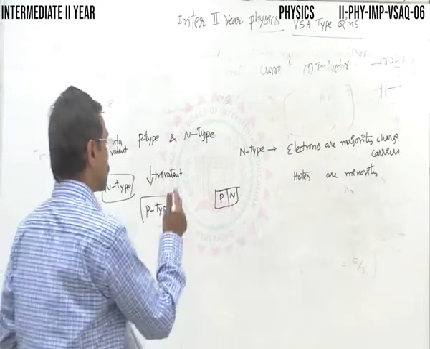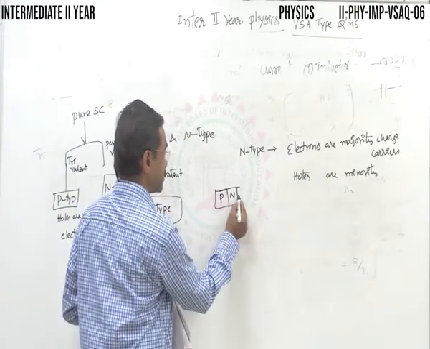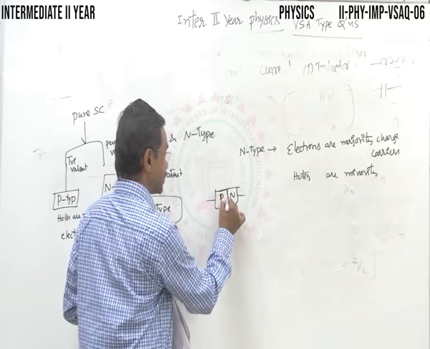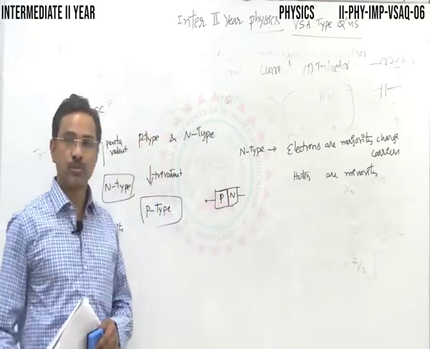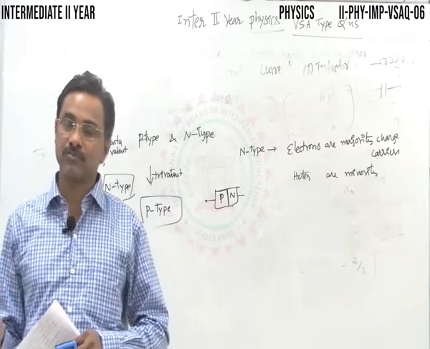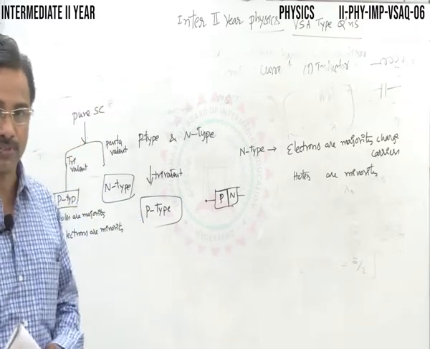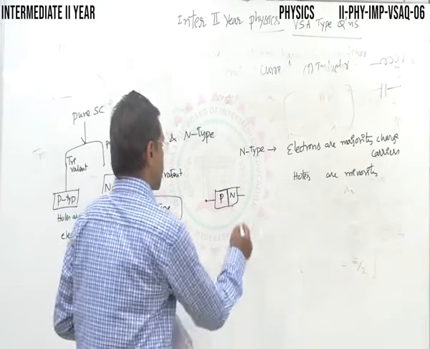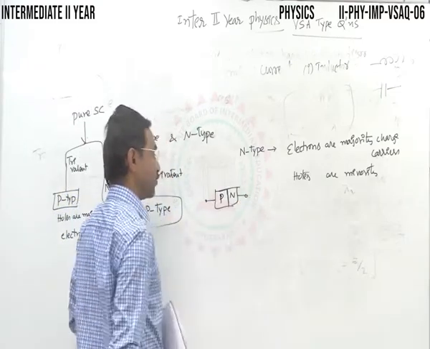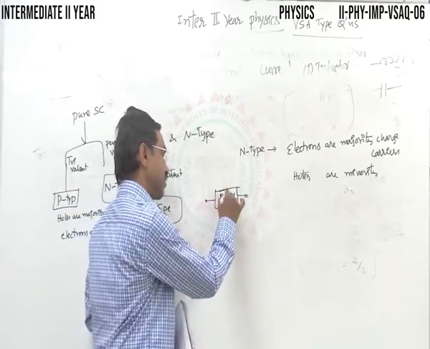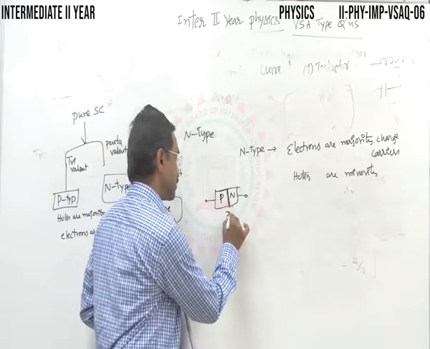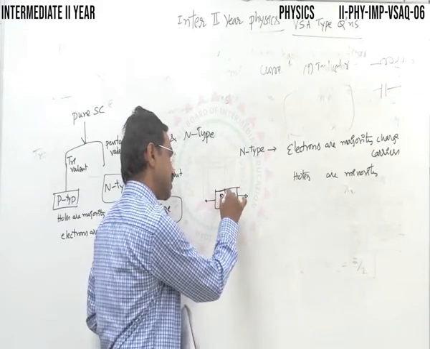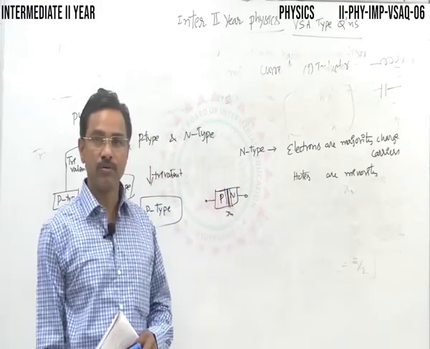We get two distinct regions, p and n regions, with a clear separation. A semiconductor device with two distinct regions, p and n, with a separation in between is called a p-n junction diode. This is called the junction. At the junction, there exists a small region around the junction.